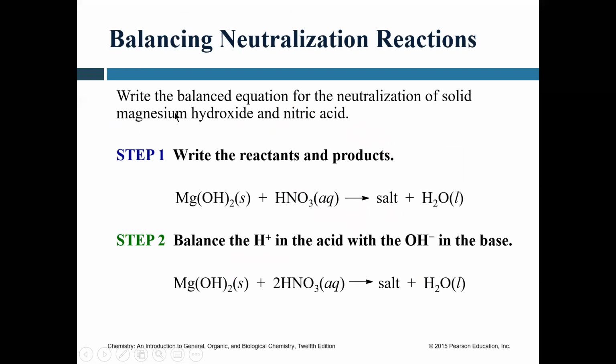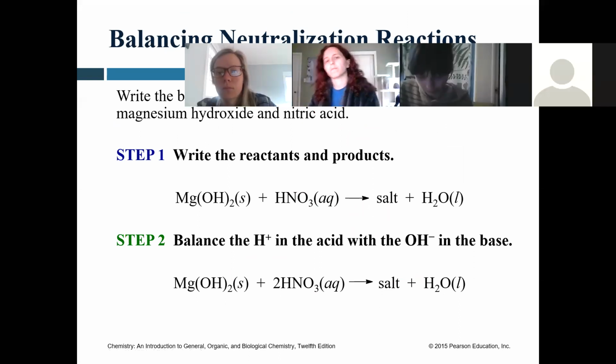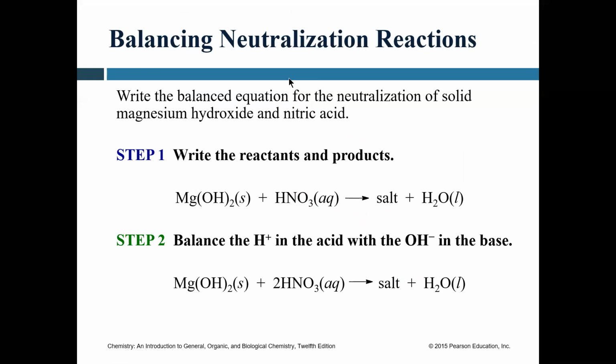All right, so I want you to write the balanced equation for magnesium hydroxide and nitric acid. This problem sort of asks you to remember your nomenclature. Magnesium hydroxide, you have to know what nitric acid is.